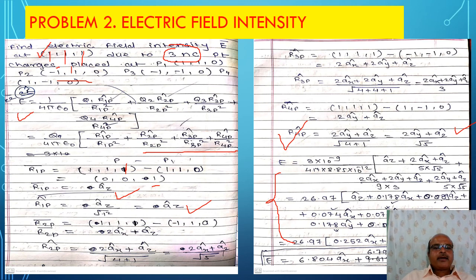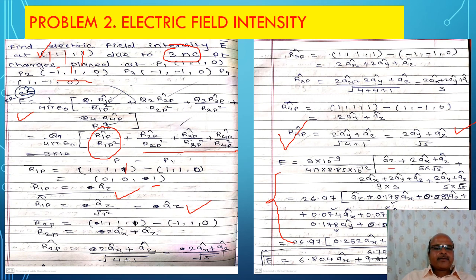We have calculated R1P bar upon R1P, which is given by this a_z cap, this a_z cap. Okay, R1P square, R1P is what, 1 has come, coefficient of this square is under root of 1 square is 1, therefore we have taken directly as a_z.